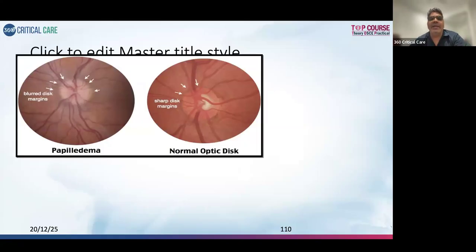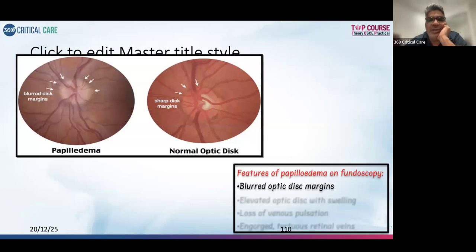Papilloedema, again, you need to know some signs of papilloedema and what the normal optic disc looks like. Again, it will be a spotter. It will not be a bedside question that will be asked. Usually, features of papilloedema at the bedside are a blurred optic disc margin, as you can see. Optic disc margin is blurred.